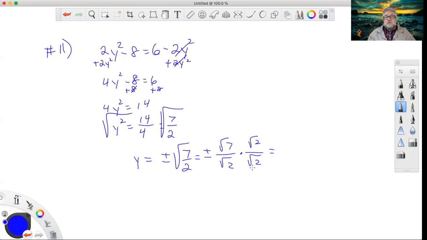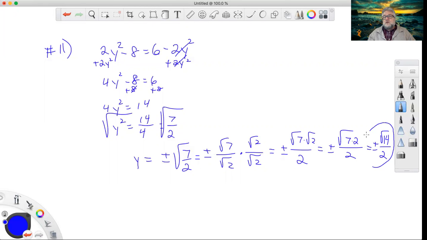And I'll get radical 2 times radical 2 is a 2. Oops, I just forgot my plus or minus. Okay, so I'll get a 2. And then square root of 2 times square root of 7 is the same as square root of 7 times 2, which is the same as plus or minus radical 14 over 2. This is the solution.